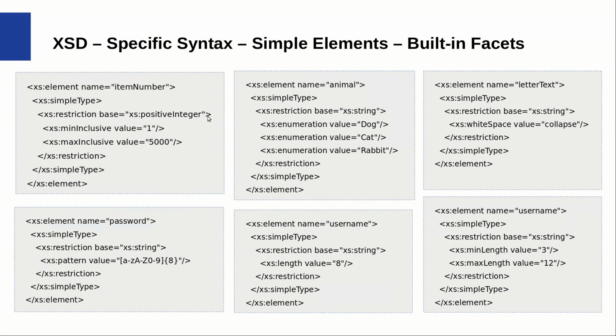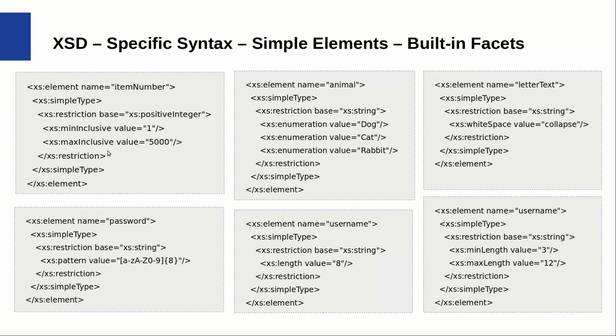In this case, as it's a number, we can set xs:positiveInteger, so the text content of this item number element will accept integers starting from 1.